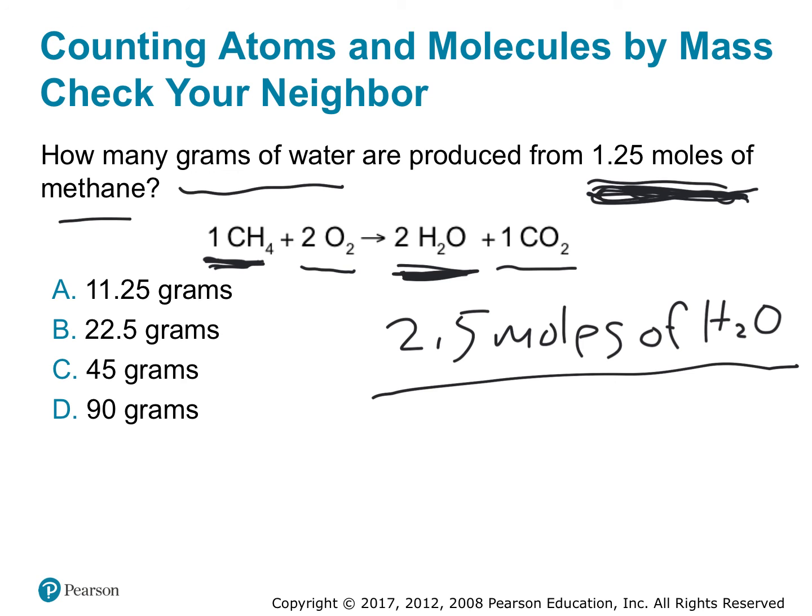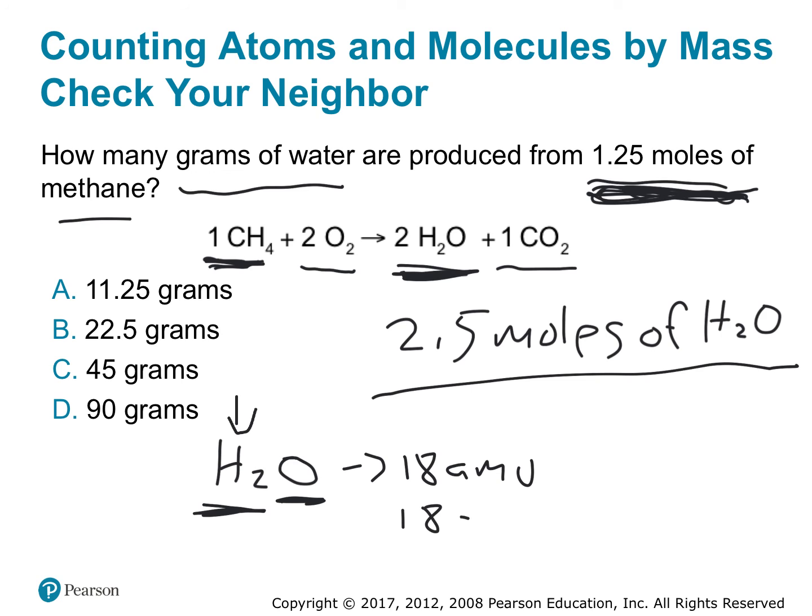Now all we have to do is figure out how many grams of water there are in 2.5 moles. So let's consider water again. We know we have H2O, and we know that the atomic mass of hydrogen is 1, and we have 2 of them. The atomic mass of oxygen is 16, so we've got 2 plus 16 gives 18 AMU for water, and that means that there is 18 grams in 1 mole of water.